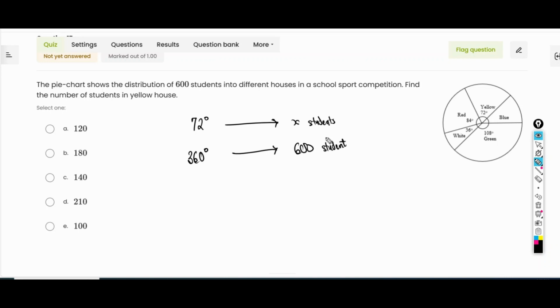All right, so we can just cross multiply. If I cross multiply this, I would have 600 by 72 is equal to 360x. So divide both sides by 360 now.